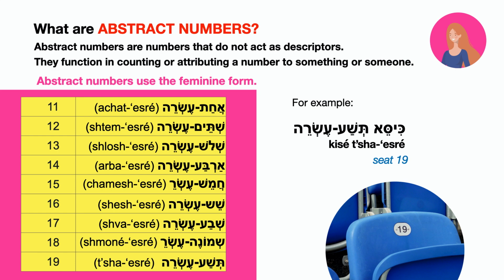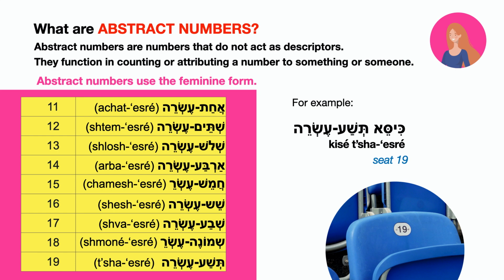So I've placed the table of the feminine forms of 11 to 19 on the left, and I'm going to show some examples. For example, to say seat number 19 or seat 19, we're not saying there are 19 chairs, we're just attributing the number 19 to that seat.